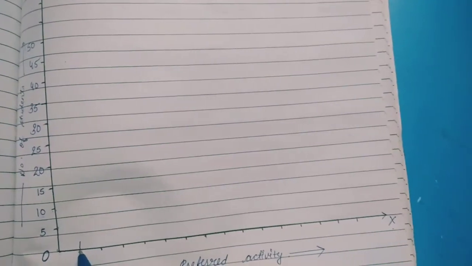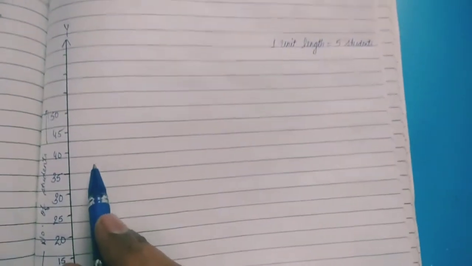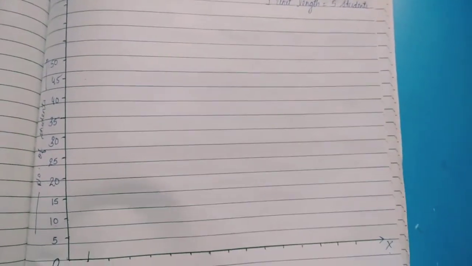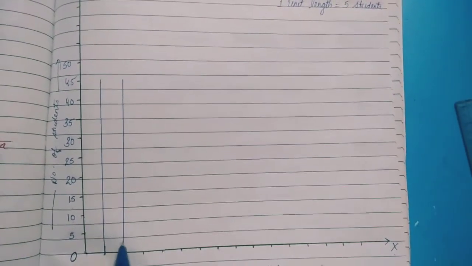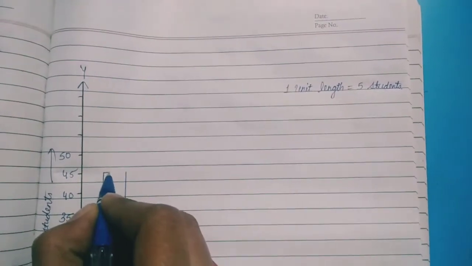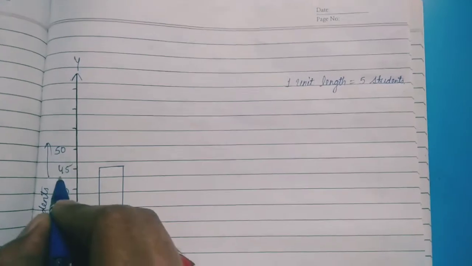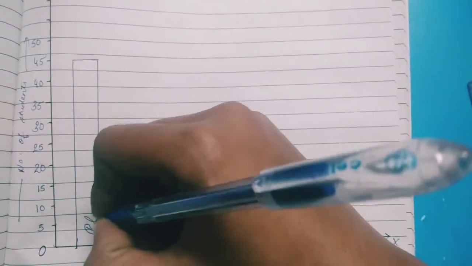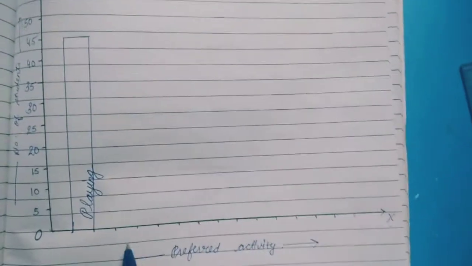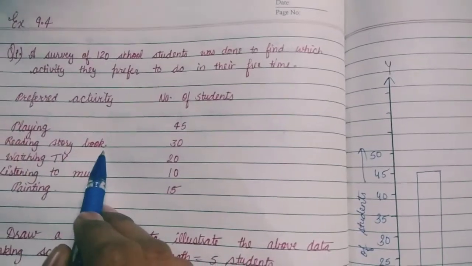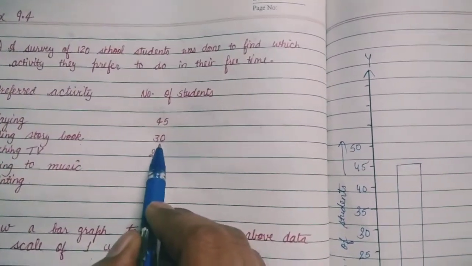When we draw a line from here to 45, as you can see, I drew one line, and with respect to this line we have to draw the bar. So two lines, and their top will be in front of 45, and this shows playing. Now the second one is reading storybook, that is for 30.